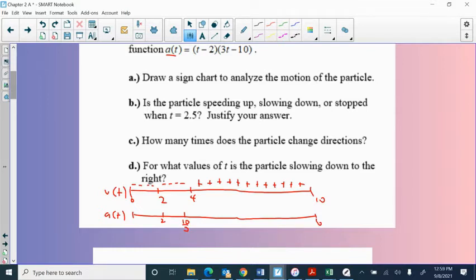If you see that pattern, or just take a representative and plug it in. So it's positive here, negative here, and positive here. Does acceleration tell you if you're speeding up or slowing down?